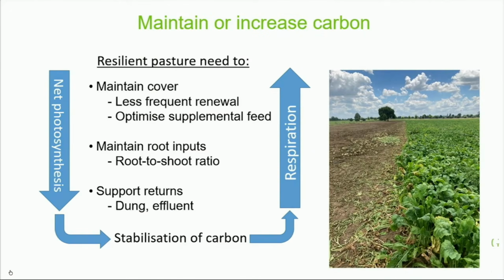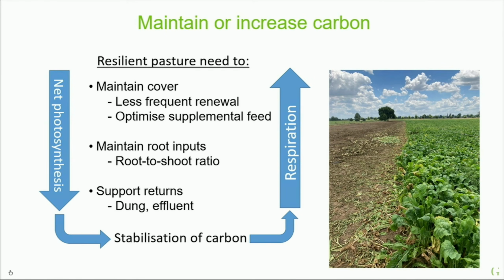So just to come back to the conclusions then, if we're wanting to maintain carbon in soil and we're thinking about what we need out of whatever we consider resilient pastures, which is beyond production but environmental benefits as well, it's about maintaining cover in the soil so there is continuous carbon inputs into it.